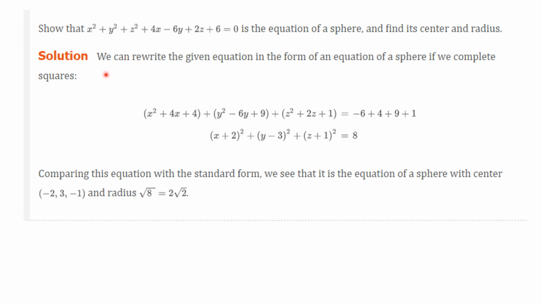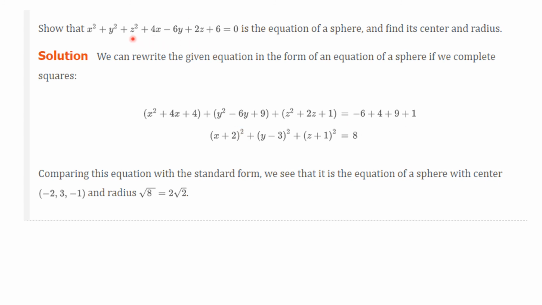Well, this time what you have to do is complete the square on the x's. So we take half of this and square it, and we add it here. Now if we add it here, we have to add 4 to the other side. We complete the square on the y. This is y squared minus 6y, half of this squared, we get 9, so we add the 9 to the other side.